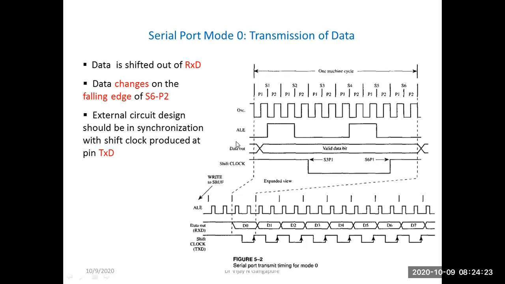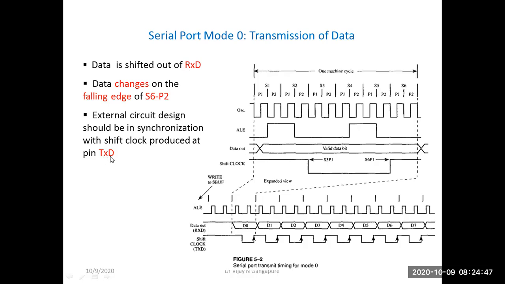So this is called 8-bit shift register mode, and it is an example of synchronous communication, because the 8051's shifting frequency, that is the rate at which data will be shifted on the RxD pin, is matched by using the shift clock being produced on the TXD pin.